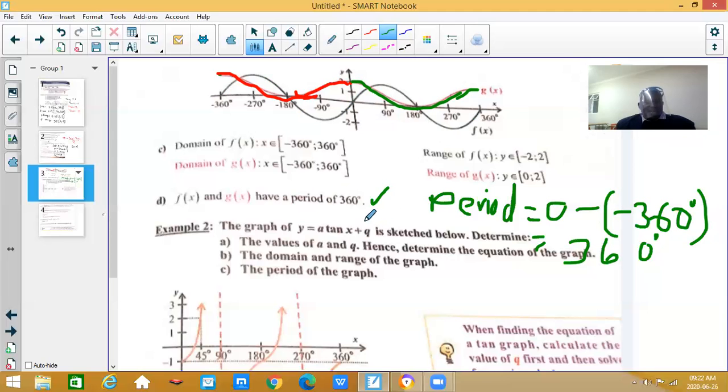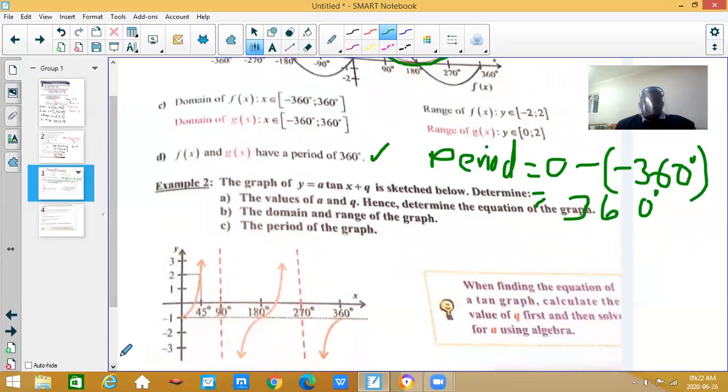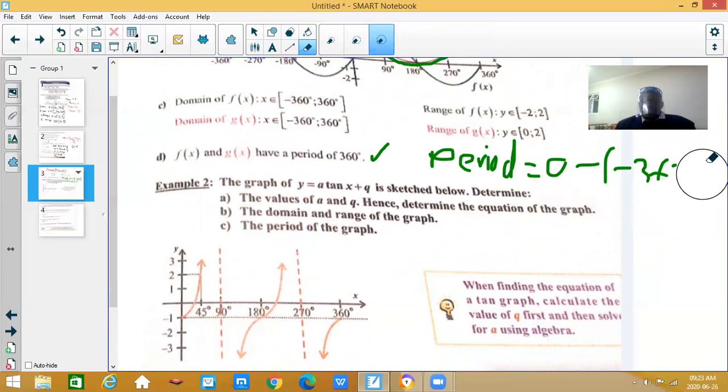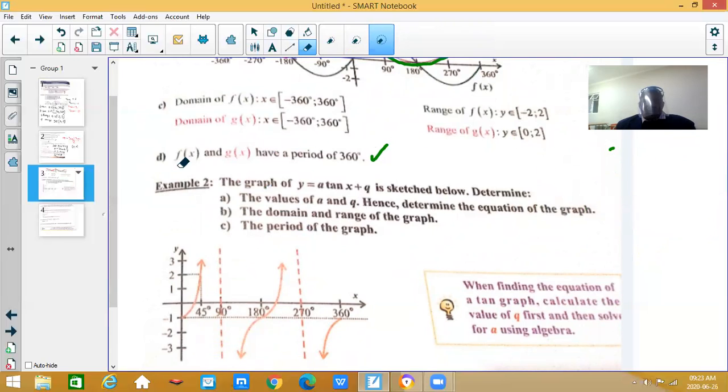Okay. Now we want to look at another example. We've looked at cosine and sine, analyzed the graph and its periodicity. Now we have another trig function, which is tangent.